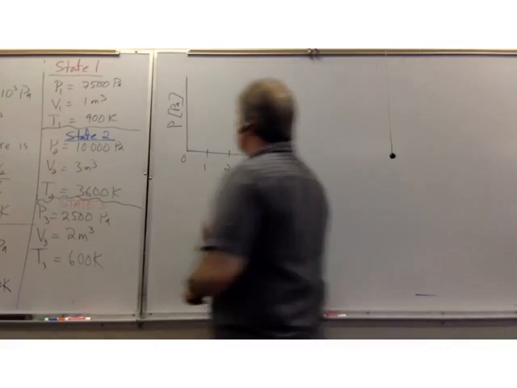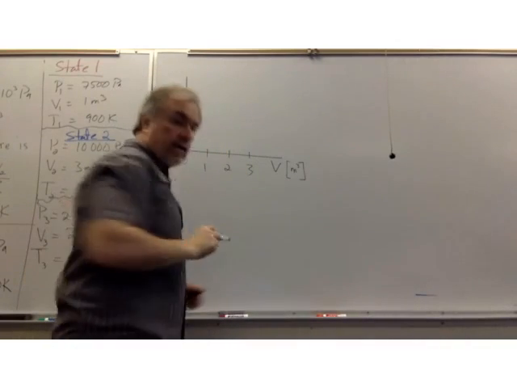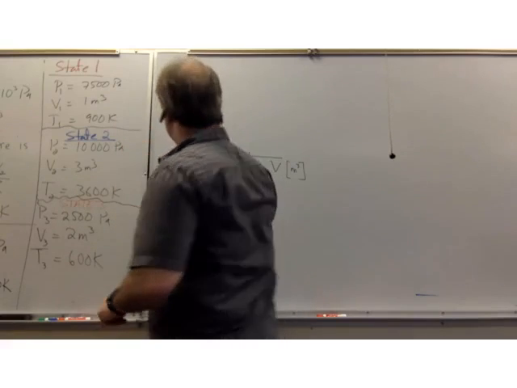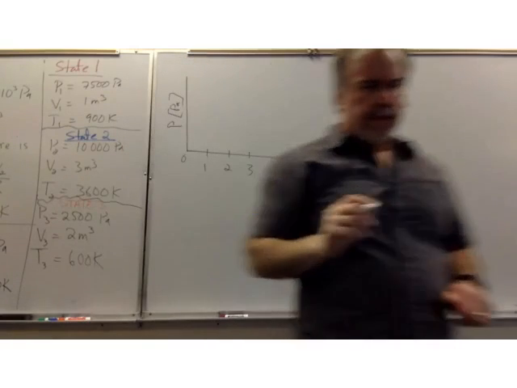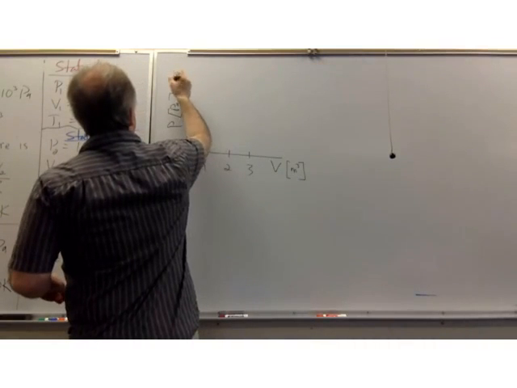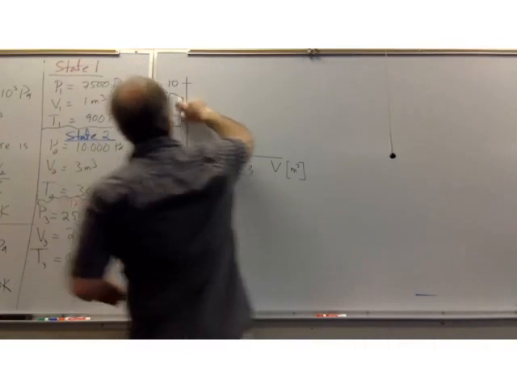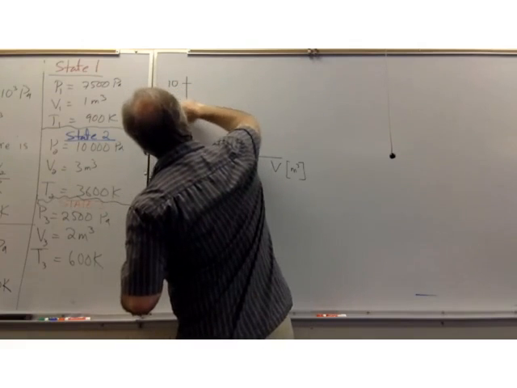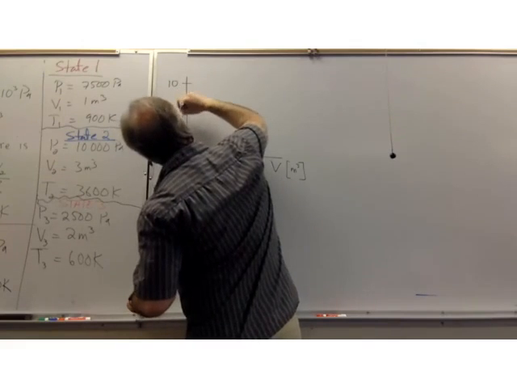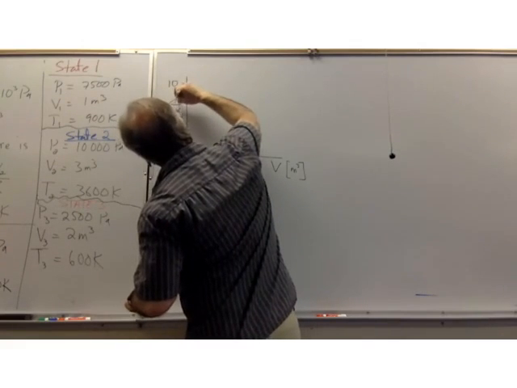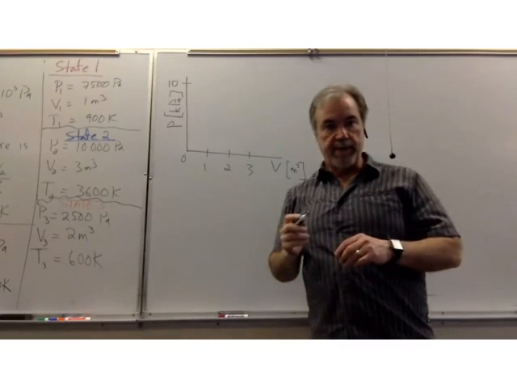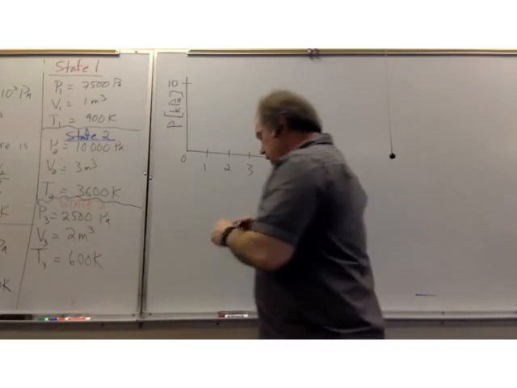On my vertical axis, pressures, I had 7,500, 10,000, 2,500. Let me make this a little easier on me here. Let's make this unit kilopascals, that's 1,000 pascals, a kilopascal.